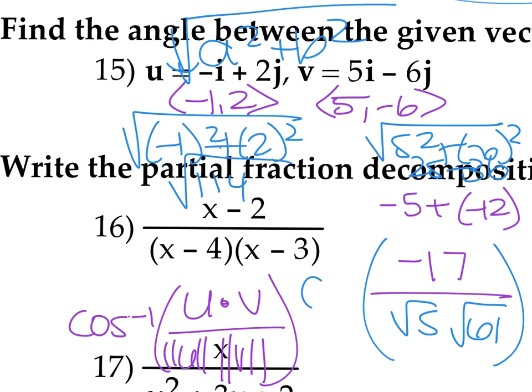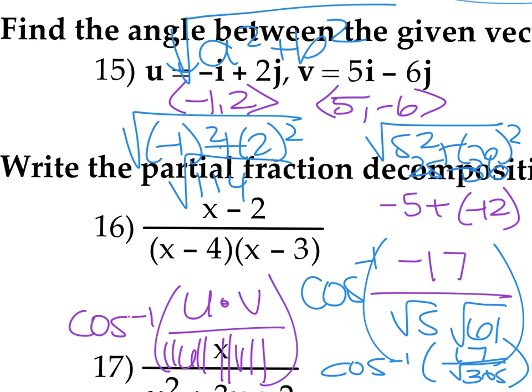And then in the calculator, you can go one step further and multiply that 5 times the square root of 61. It might be easier. And then I would do the cosine negative 1 of negative 17 over the square root of 305. And from that, you get 166.76 degrees.